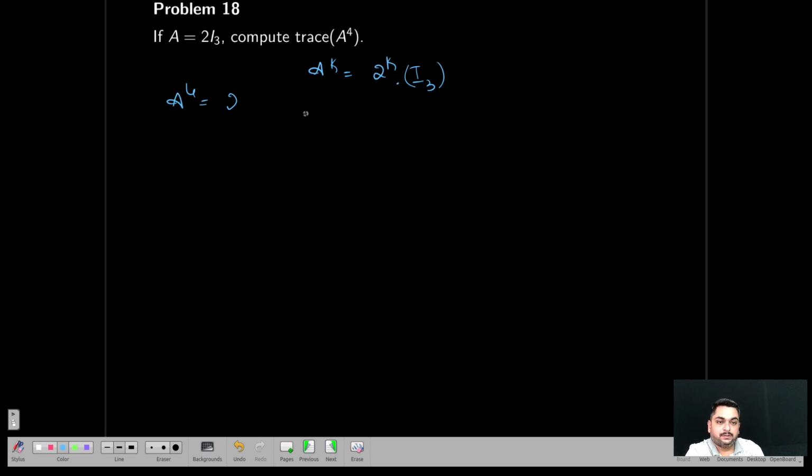So A power 4 means 2 power 4 into I3. The trace of I3 is 3. So 16 into 3 is 48. This is the answer.